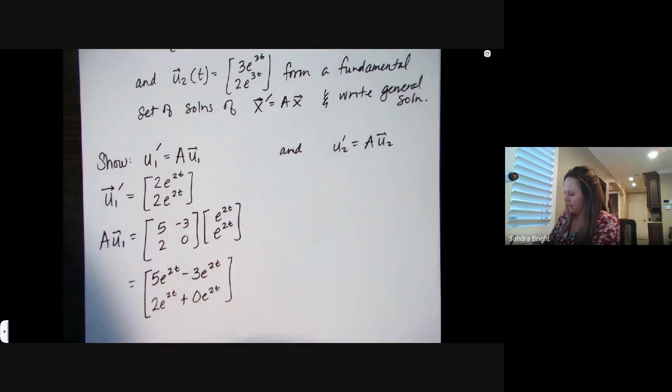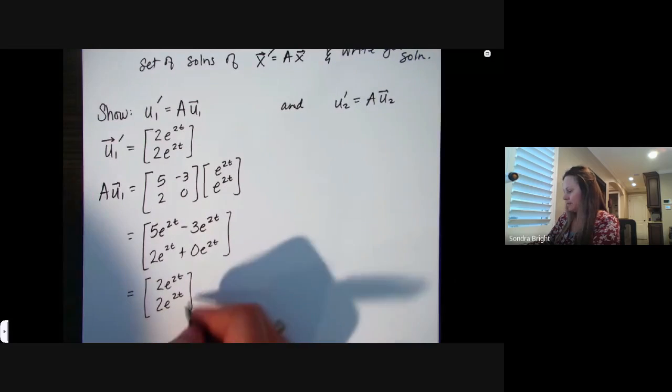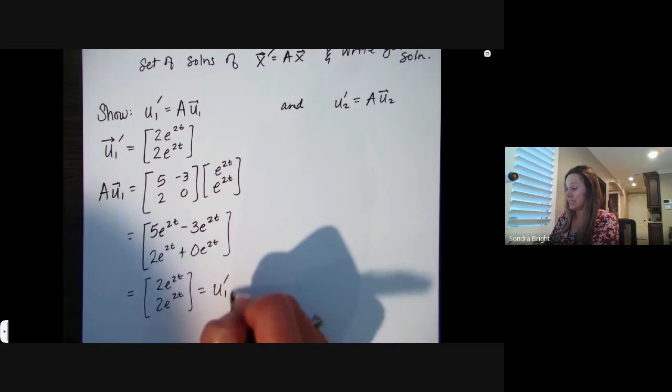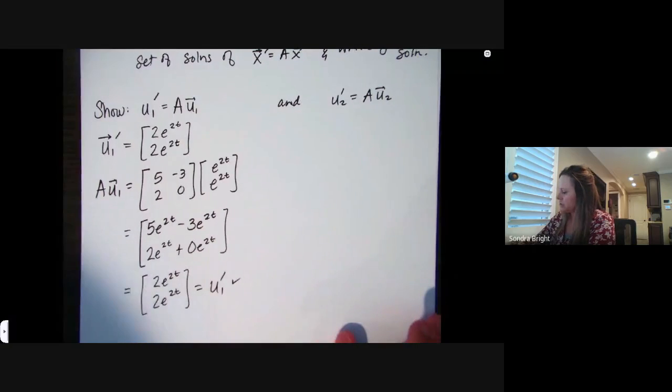That ends up giving me 2e to the 2t and 2e to the 2t, which is equal to U1 prime. Yay! So U1 is definitely a solution to that equation. Let's check if U2 is.